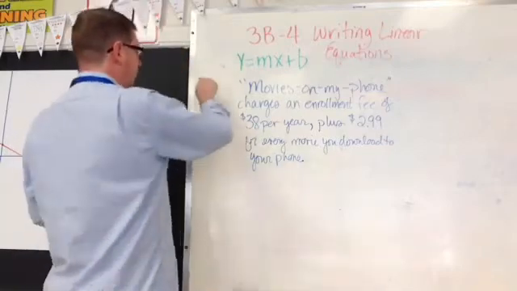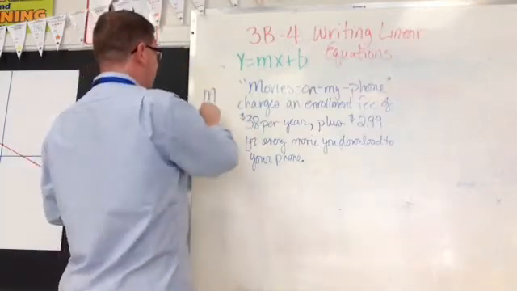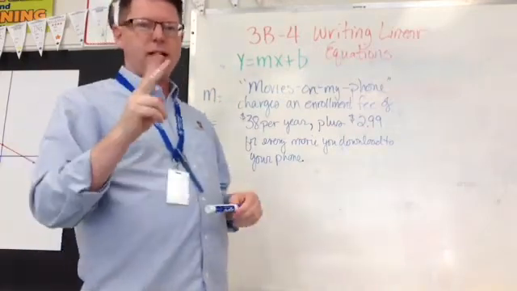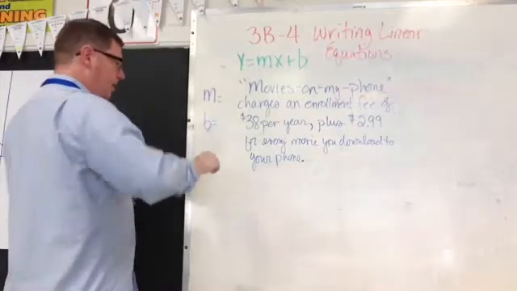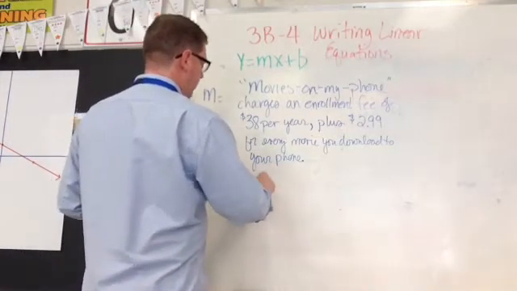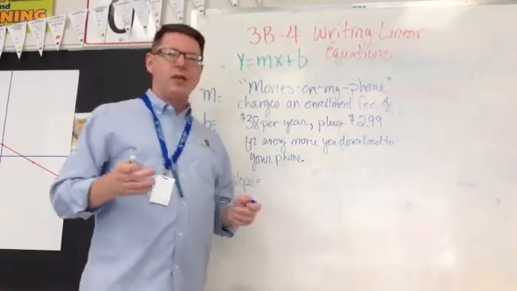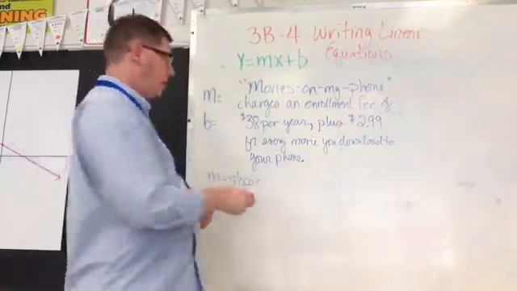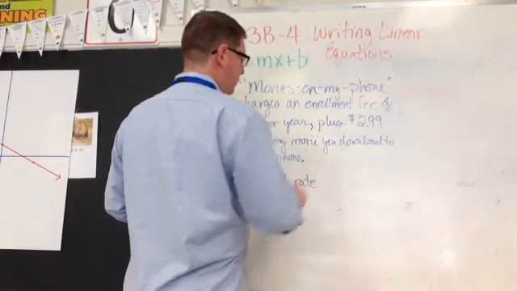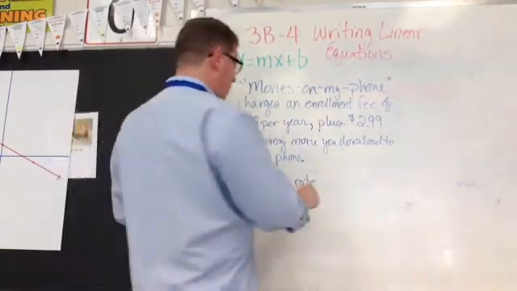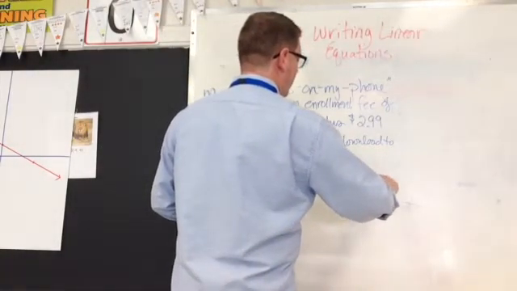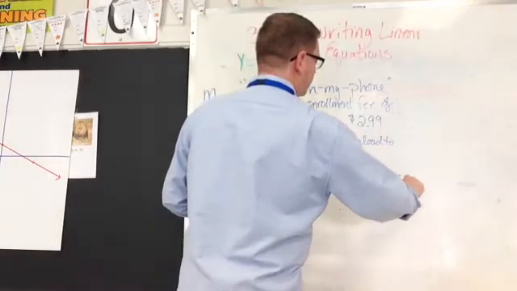Okay? So there's a couple things we're looking for. Again, we're looking for m, which is the slope, and b, which is the y-intercept. Okay? There are a couple of hints that I want you to know. M, the slope, is always going to be the unit rate, or something else that we might call that is the constant rate of change.